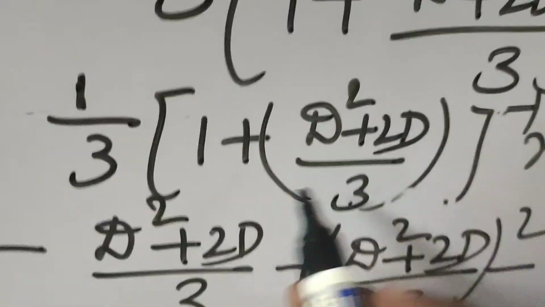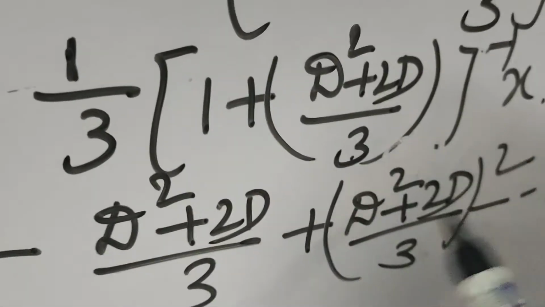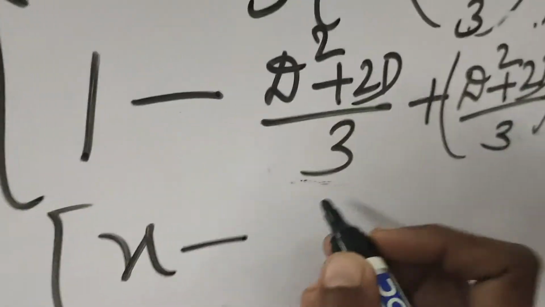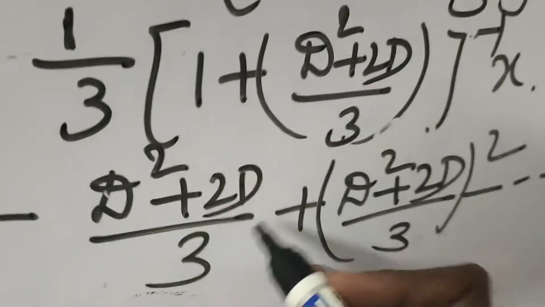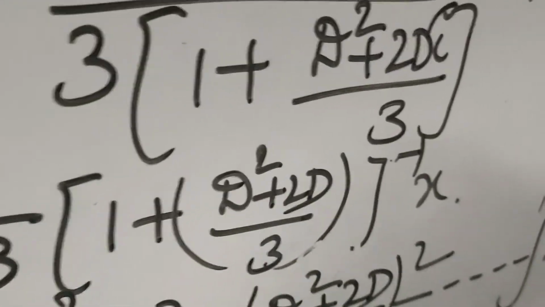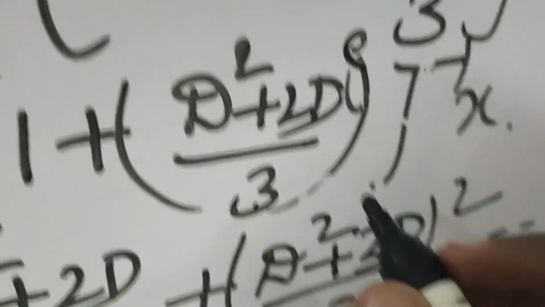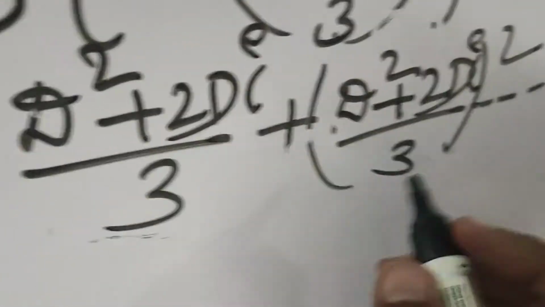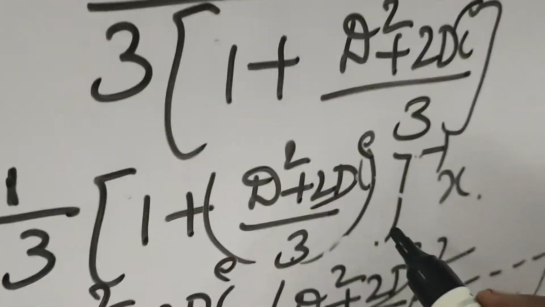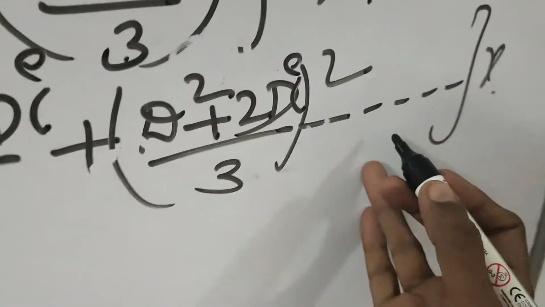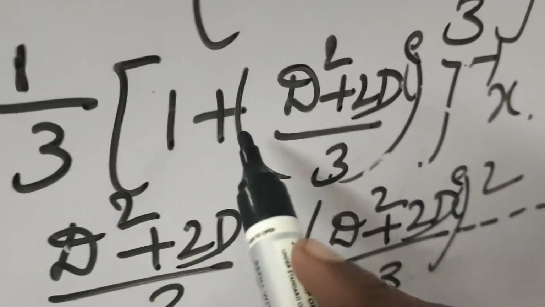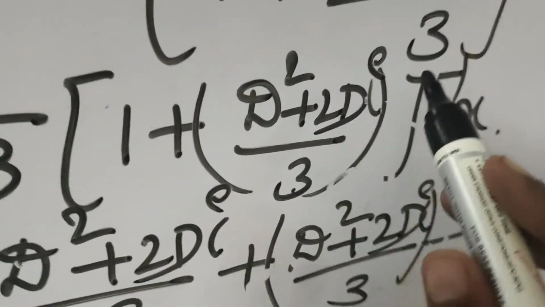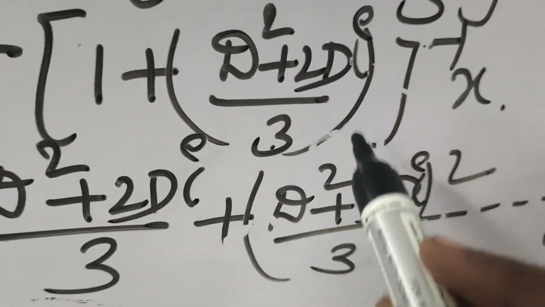Expanding (1 + x)^(-1) using the binomial theorem: x minus D² by 3 times the second differentiation of x, which is 0, then 2Di by 3.